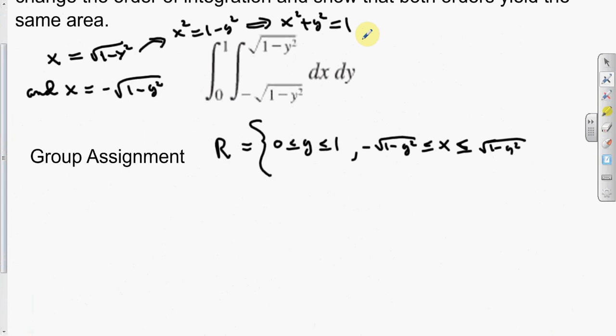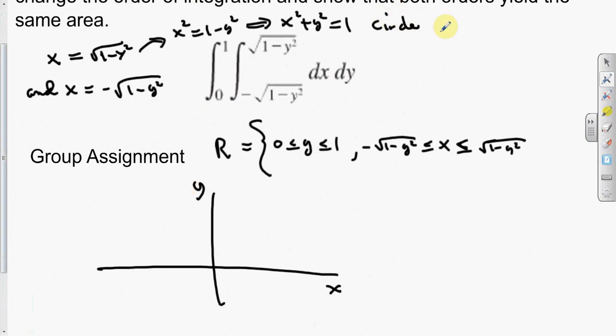Okay. So, a circle with radius 1. But this region R is not the circle.